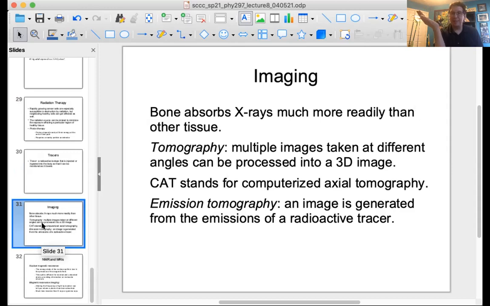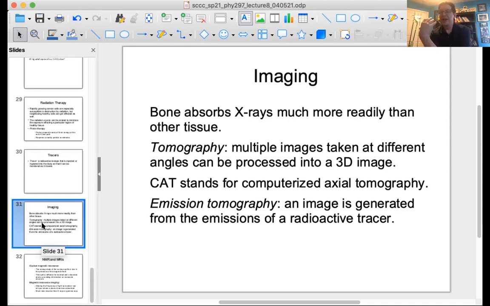Another example is tomography, where multiple images are taken at different angles, and then a computer can process this into a 3D image. That's basically what a CAT scan is. The CAT in CAT scan stands for computerized axial tomography.